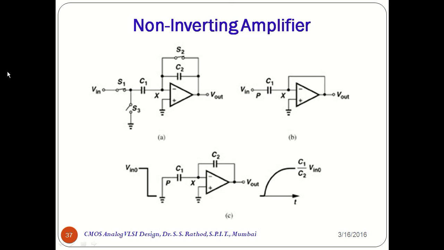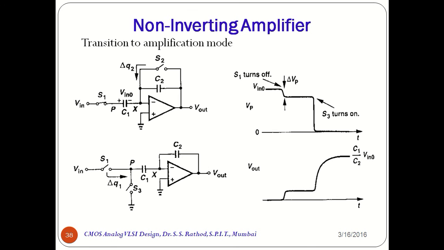As with the unity gain circuit, the non-inverting amplifier avoids input dependent charge injection by proper timing, that is turning S2 off before S1. After S2 is off, the total charge at node X remains constant, making the circuit insensitive to charge injection of S1 or charge absorption of S3. Let us first study the effect of S1 carefully.